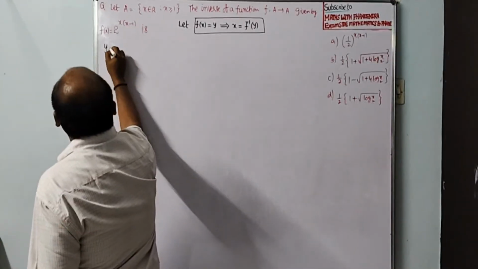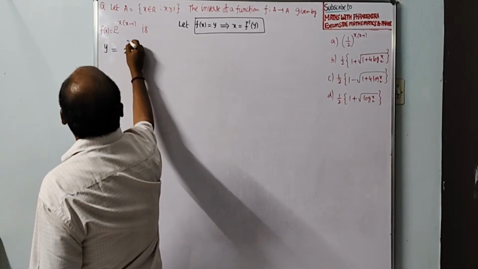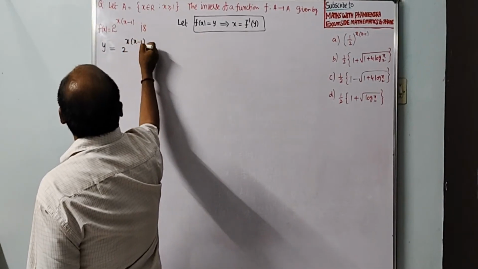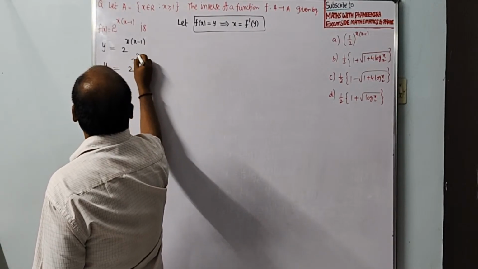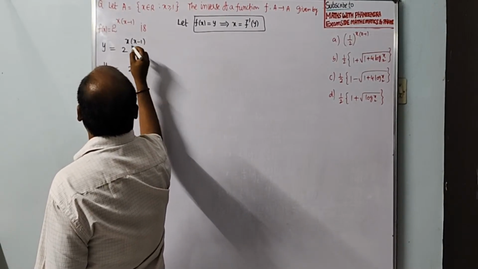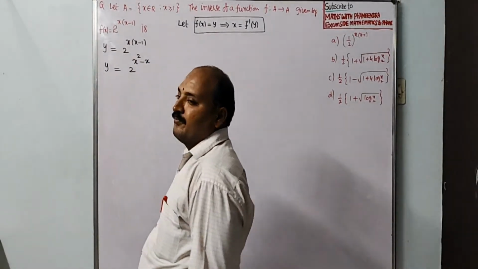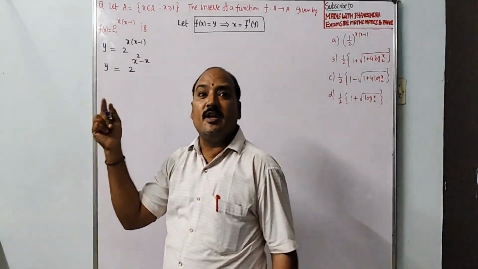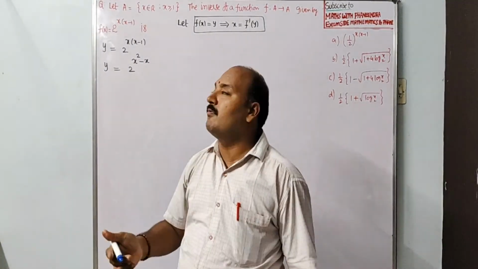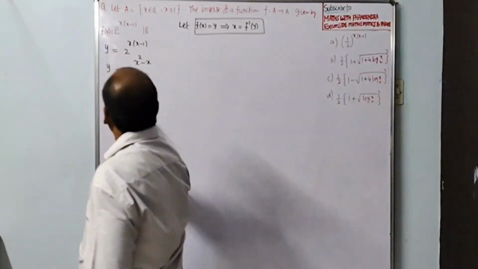So y equal to 2 power x into x minus 1. So y equal to 2 power x into x is x square minus x into 1 is x. Here y in terms of x is there, but I want to write x in terms of y to calculate the inverse of the function.